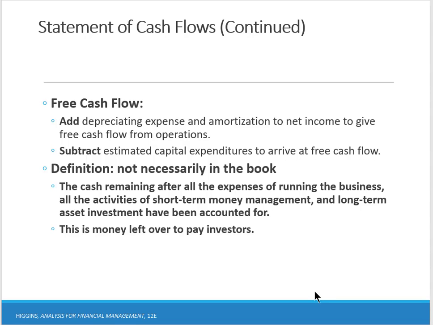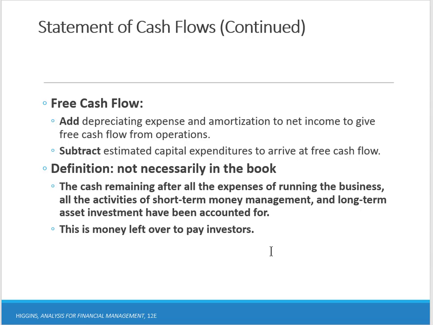That gives us free cash flow. Now, this definition is not necessarily in our textbooks. It's the cash that's remaining after all the expenses of running the business, all the activities of short-term money management, and long-term asset management have been accounted for. This is the money thus left over to pay investors.